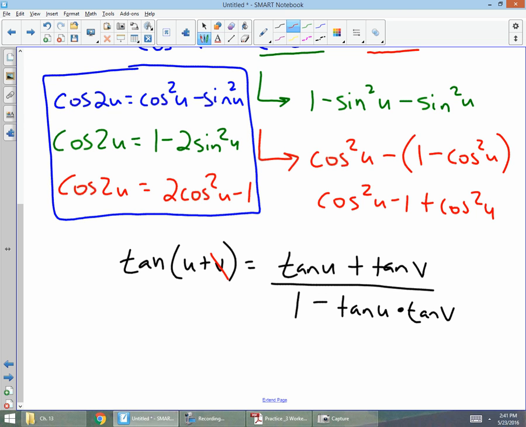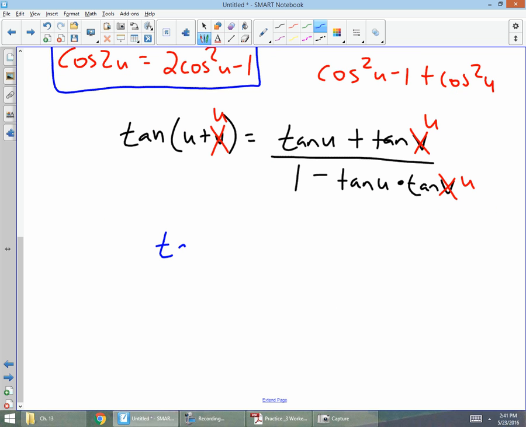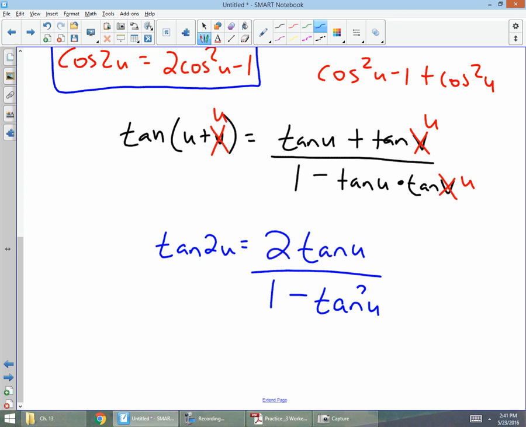So let's get rid of all the v's and substitute in u. And what you notice is you're going to end up with the tangent of 2u, and that's going to equal 2 tangent of u in the numerator, because tangent of u plus tangent of u is 2 tangent of u. 1 minus the tangent of u multiplied by the tangent of u is going to give you the tangent of u squared. And that is the double angle formula for tangent.